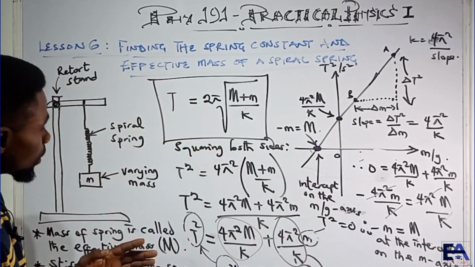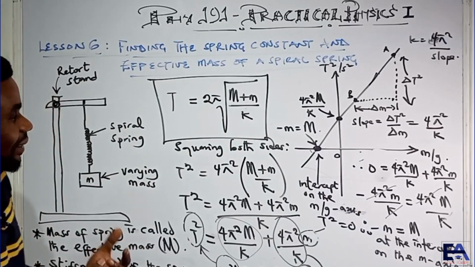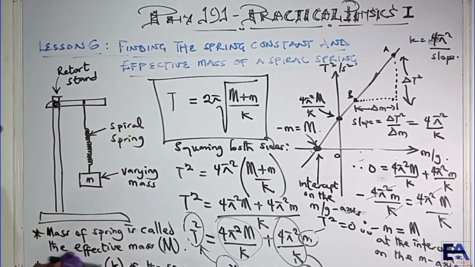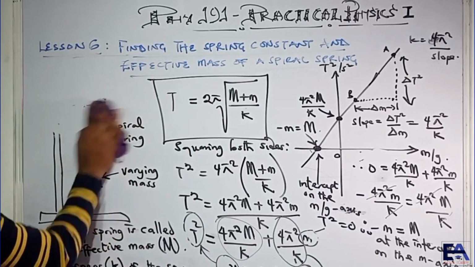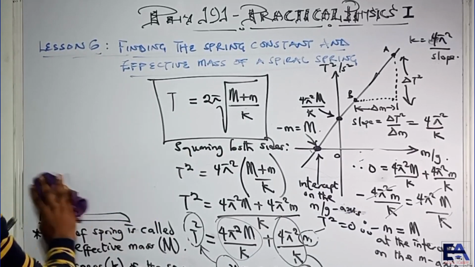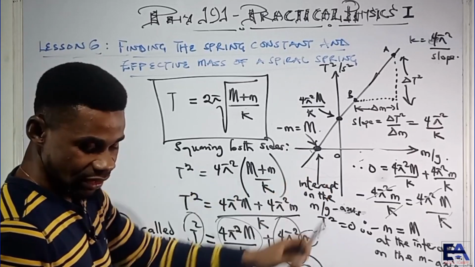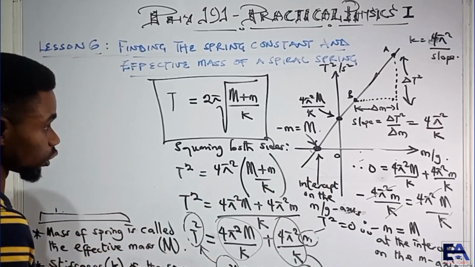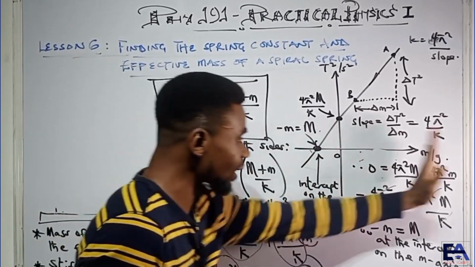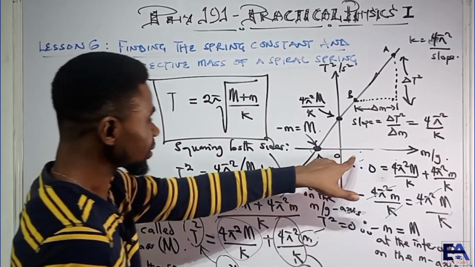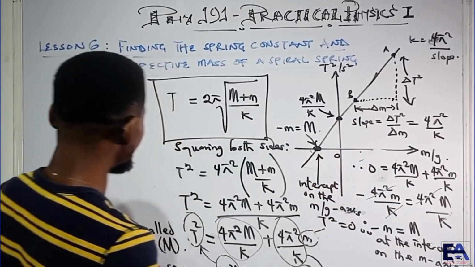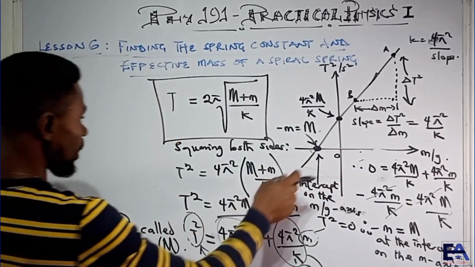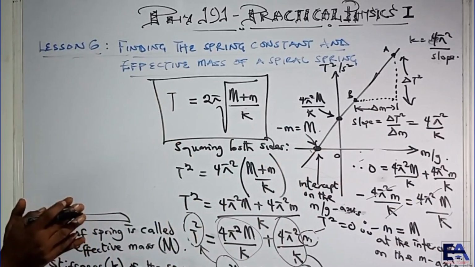Mathematically, let's assume that the value of M at the intercept, the mass here, is minus 20. This side is negative, this side is positive. If you plot it on the real graph you are able to know the value of mass, but we are using an assumed value now.